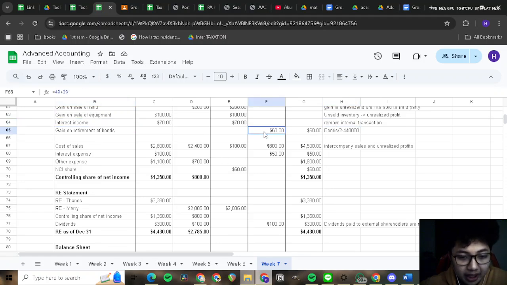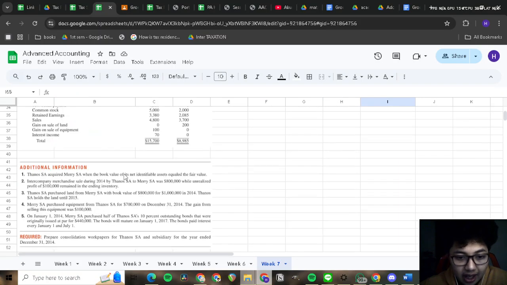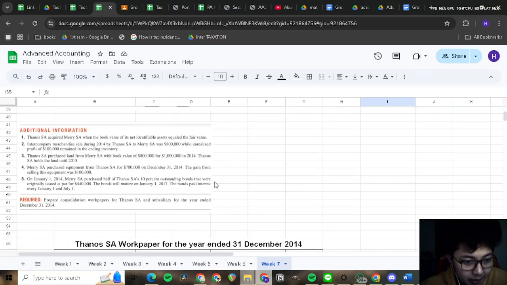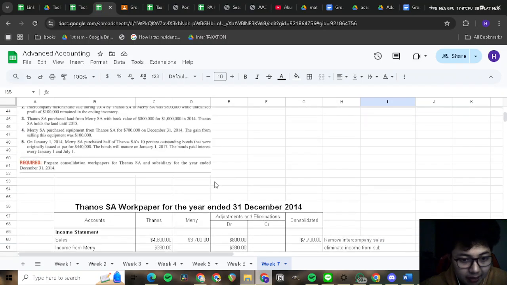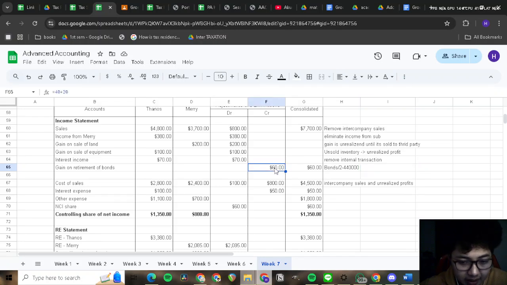And there's also the gain on retirement of bonds that I adjust, in which you have 1 million of bonds, and I divide it by two, in this case, and then I reduce it by this 440, right? So this is kind of the idea of it, and that's how the 60 got here, you know.